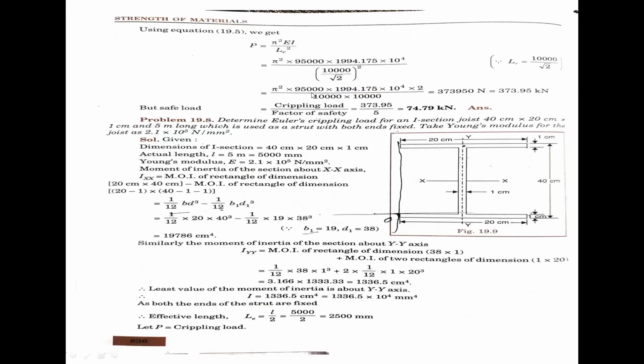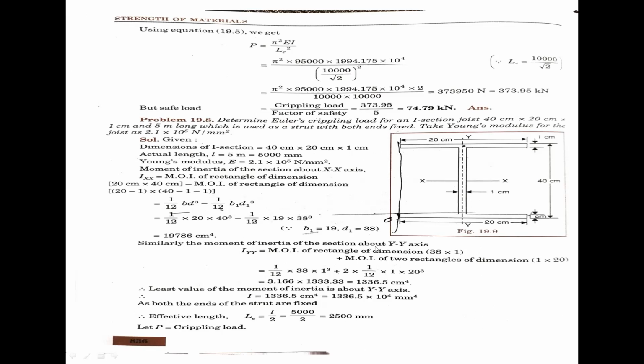This is the I section. Now we have to calculate the moment of inertia, which is very important. For Ixx and Iyy, we use 1/12 BD cubed minus 1/12 bd cubed, the formula for the moment of inertia of rectangles. The rectangle of dimensions 20 by 40 centimeters, minus the rectangle of dimensions 20 minus 1 by 40 minus 1 minus 1. Both are taken, with the web portion, giving the moment of inertia 19,786 centimeter to the power 4.